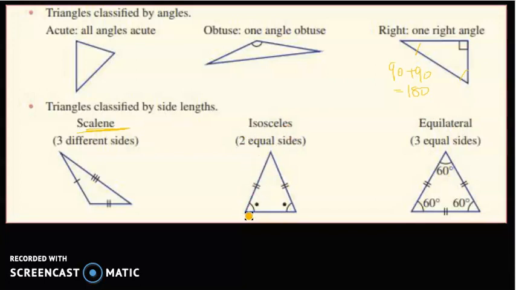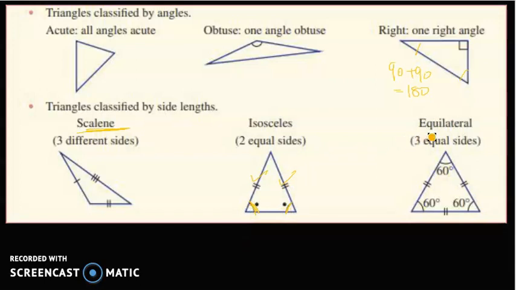For example, in this triangle, these two sides are equal in measurement and the third side is different from the two equal sides. Also, one more thing, in an isosceles triangle, the base angles, that means the angles opposite the equal sides, must be equal. So this angle and this angle must be equal to each other.